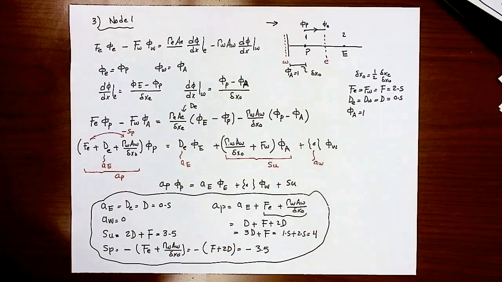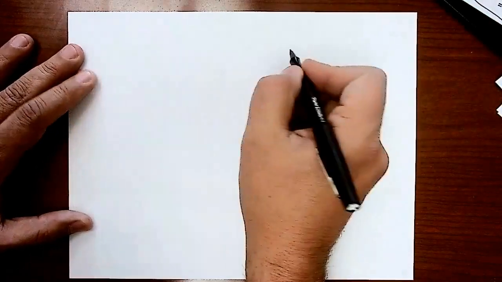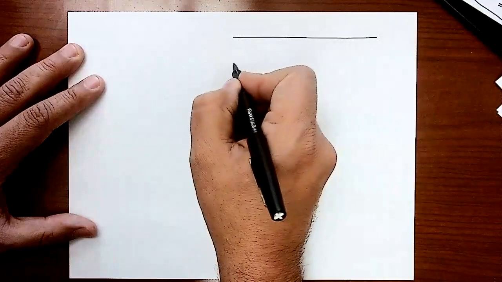So the next step is to actually build the coefficient table. This is very important. So let's collect the pieces in one table. That's node 1, which we just finished right now. So I'm going to build my table of coefficient.